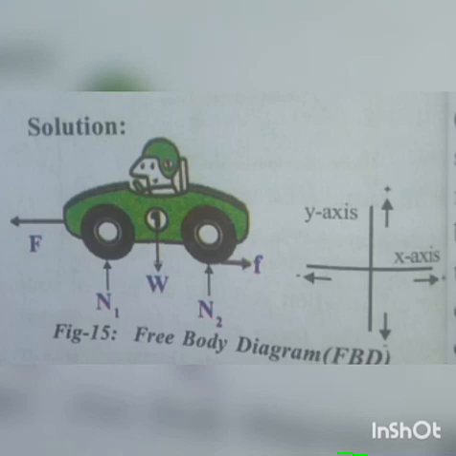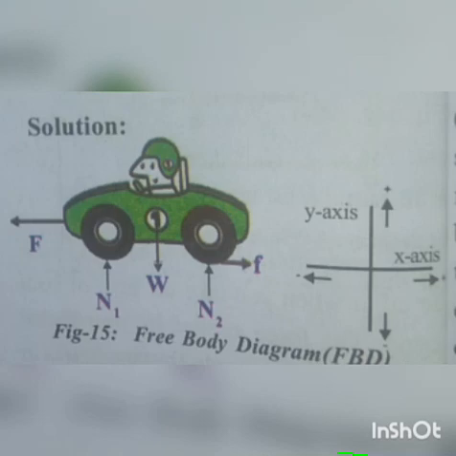Capital F is the force applied by the engine to move the car forward, and at the same time there is a force of friction to oppose the motion of the car, that is represented by the letter small f, and these two forces are in opposite directions.